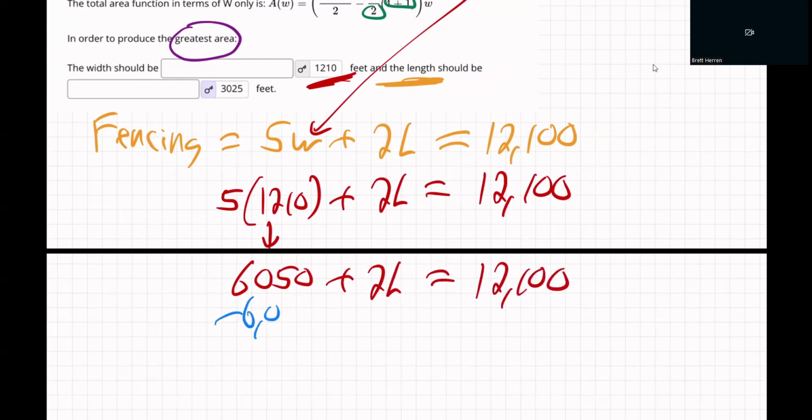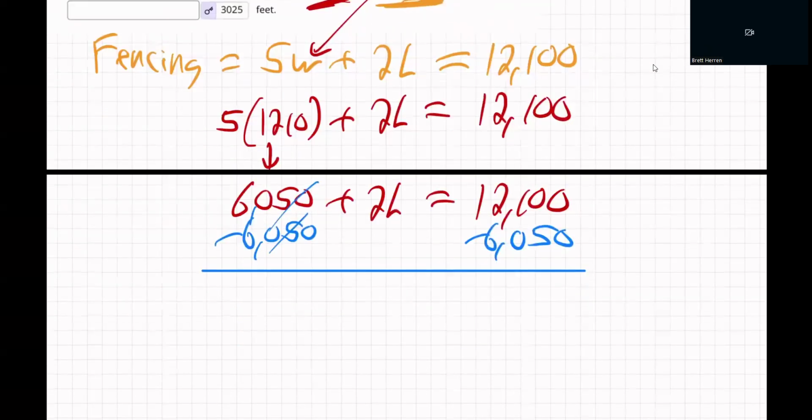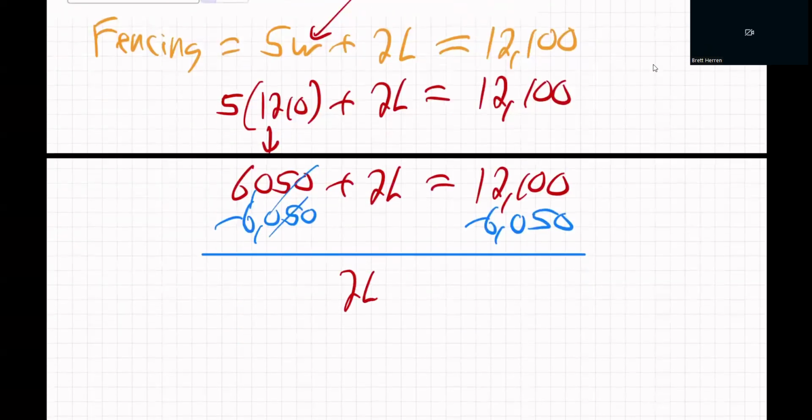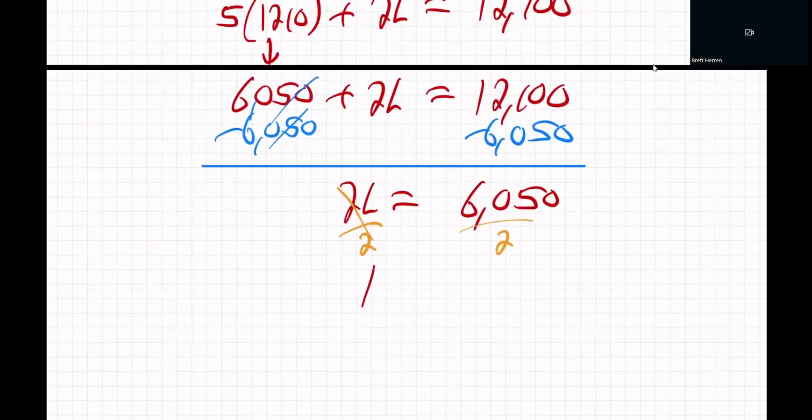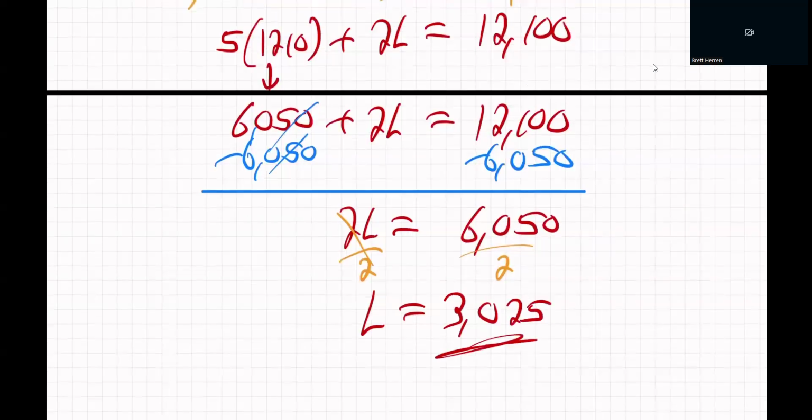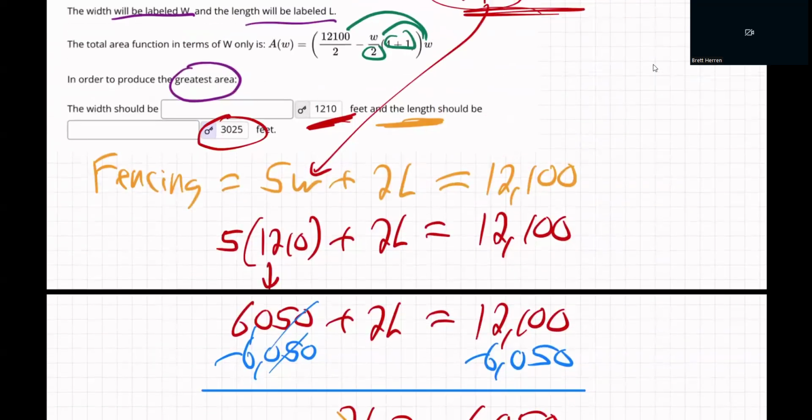Subtract 6,050. Boom. So we get 2L. And I think that is just 6,050 again, coincidentally. And then divide by 2. Boom. The length has to be 3,025. Is that what they said? That's what they said. There we go.